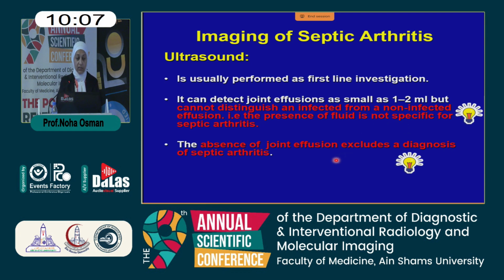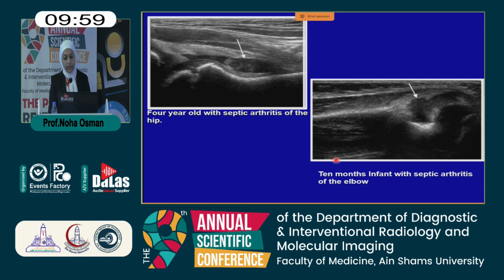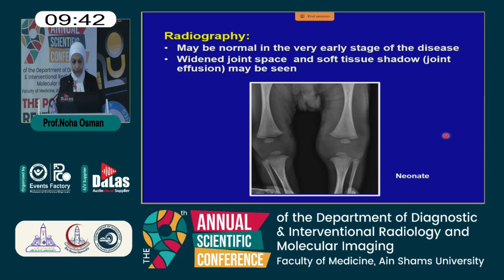Another point is that if we did not find joint effusion, this negative sign could surely exclude the presence of septic arthritis. Another case here, a 4-year-old child with septic arthritis of the hip, the same finding, periosteal elevation and subperiosteal collection, and there is another case with effusion in the nearby elbow joint.